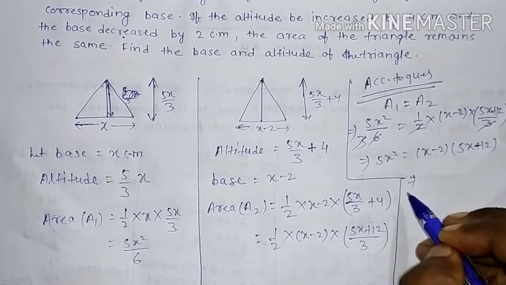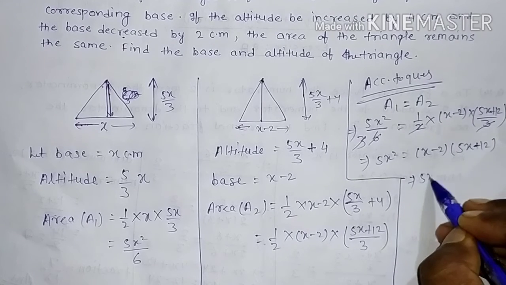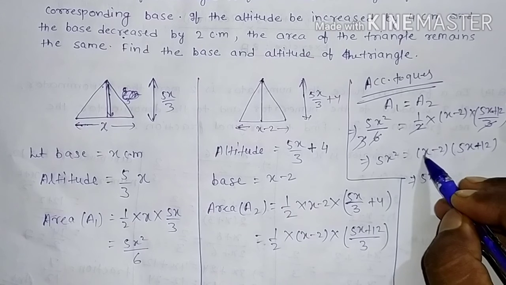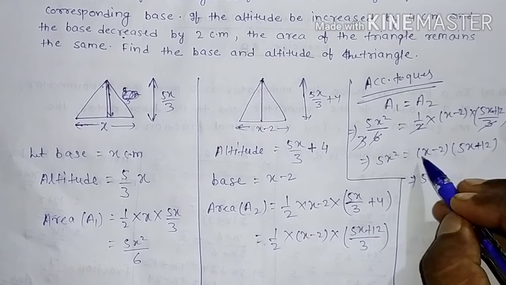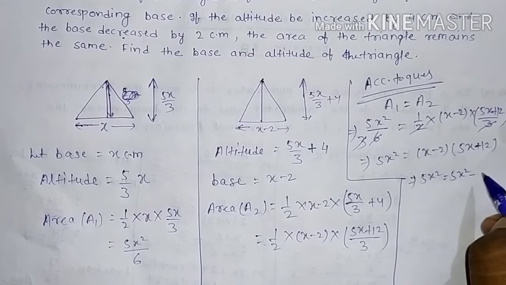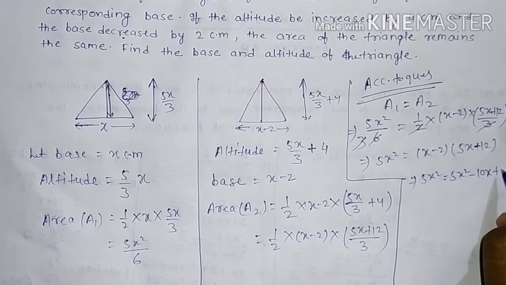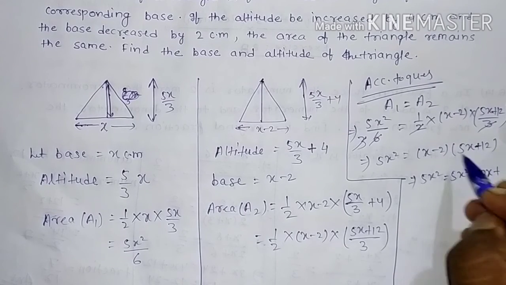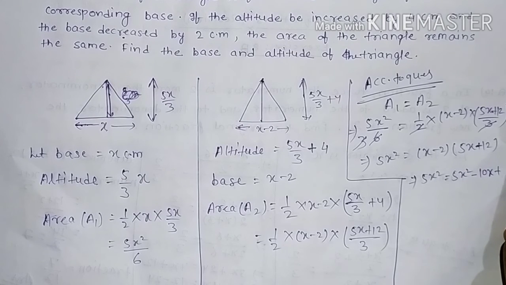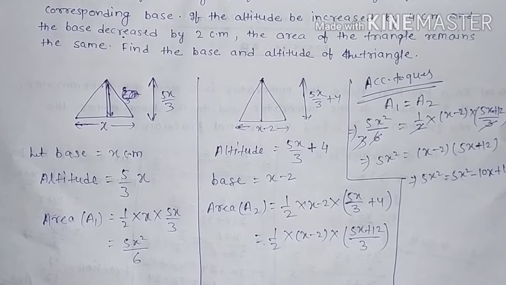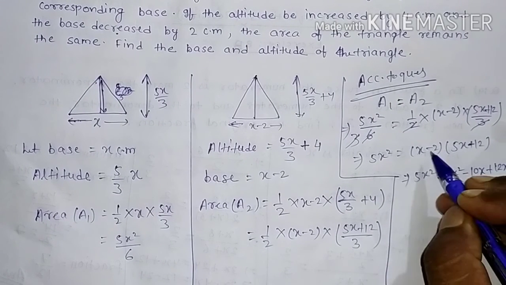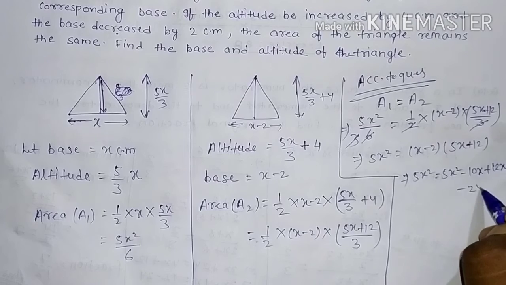Now on simplifying, this is 5x square, just multiply. 5x is multiplied into both x and minus 2. So 5x into x, that is 5x square, minus 5 2s are 10x, plus 12 is multiplied in both. So 12 into x, that is 12x, now 12 into minus 2, that is minus 24.